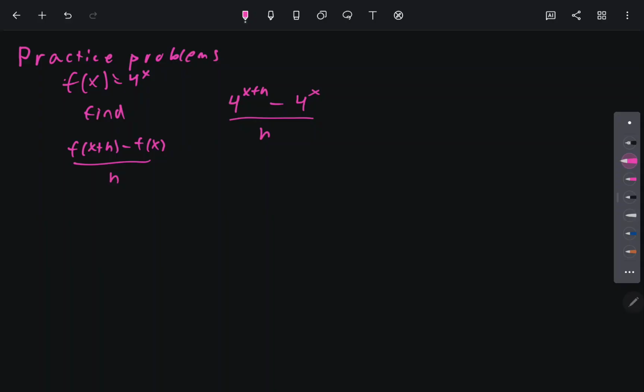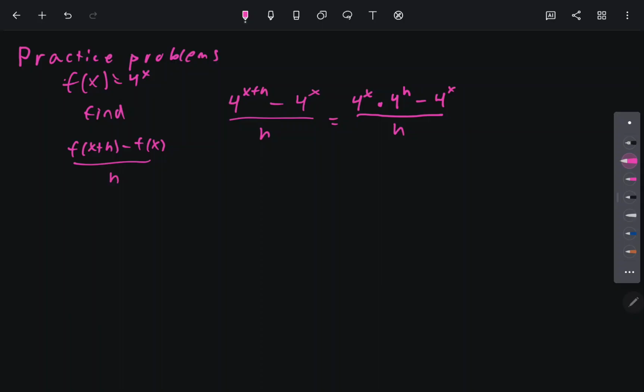Now normally I say we are done whenever it cancels, but I don't think it will cancel in this case, or so we will learn. So what we're going to do is call this numerator 4 to the power of x times 4 to the power of h minus 4 to the power of x, all over h.